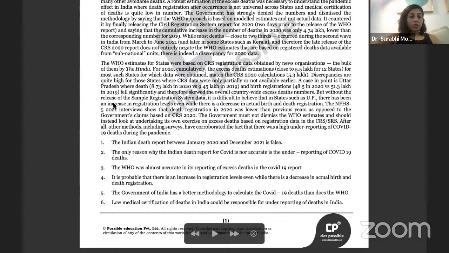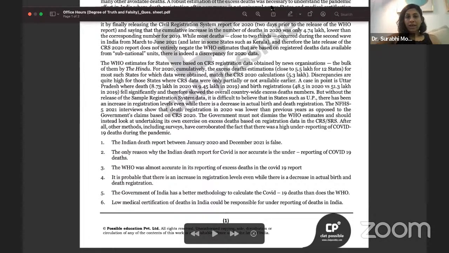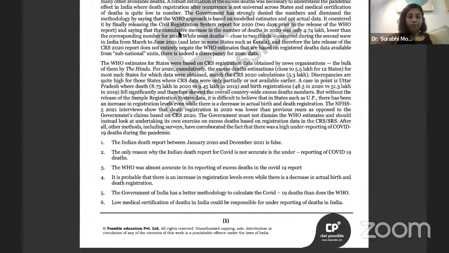Now, let's look at the first statement. The Indian death report between January 2020 and December 2021 is false.